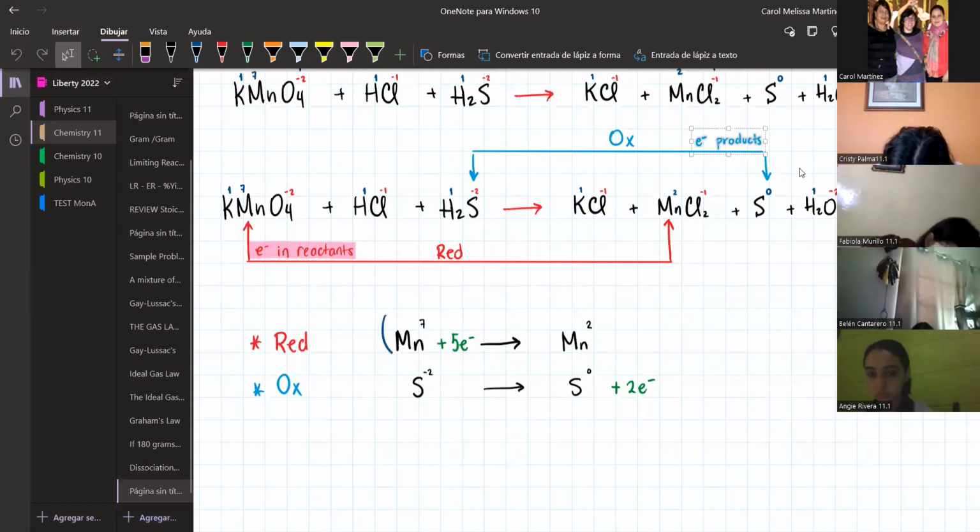In other words, I'm going to multiply times 2 because of that 2 that is below, and times 5 because of the 5 electrons above, okay? Remember the purpose of this is to have the exact number of electrons.